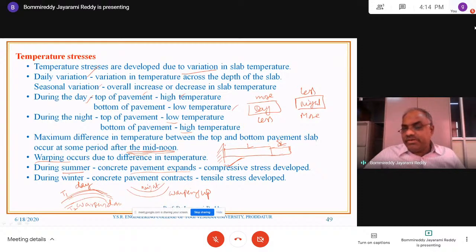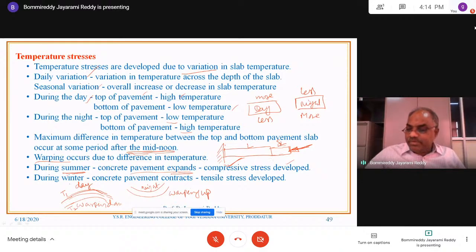This expansion is going to be prevented. How is it going to be prevented? By means of developing compressive stresses in it. So remember here, in summer, it tries to expand, and because of the prevention of the expansion, compressive stresses are induced.